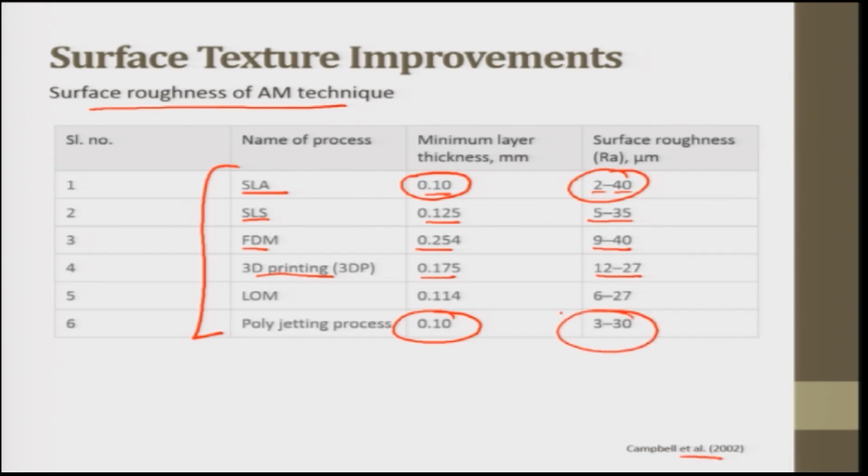So this is research from way back in 2002. 15 or 17 years later, certain materials have been developed which can take the rapid manufacturing minimum layer thickness to 0.01 millimeter, and the roughness that we can obtain is 0.2 micrometer. So this is the present status of the technology.